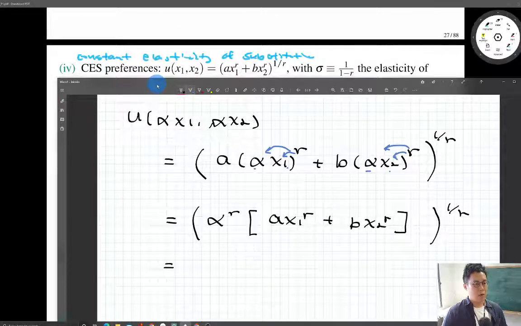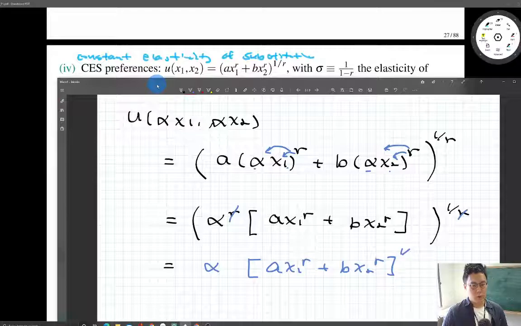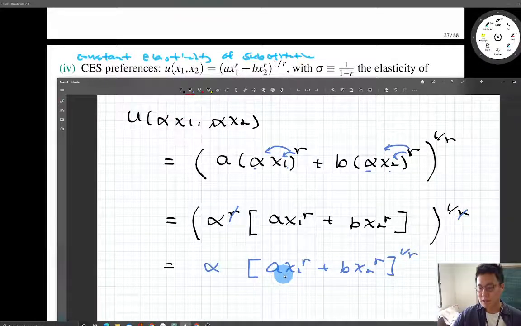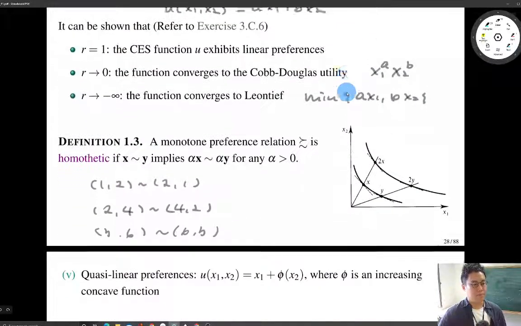Then this r is cancelled by the 1 over r, so we have alpha times a x1 to the power r plus b x2 to the power r, to the power 1 over r. That is the original function u. So after scaling up both variables by alpha, we end up with alpha times the original function, so it is homogeneous of degree 1.